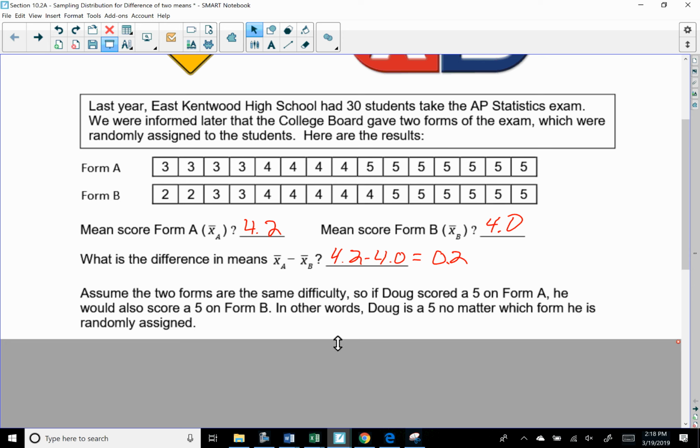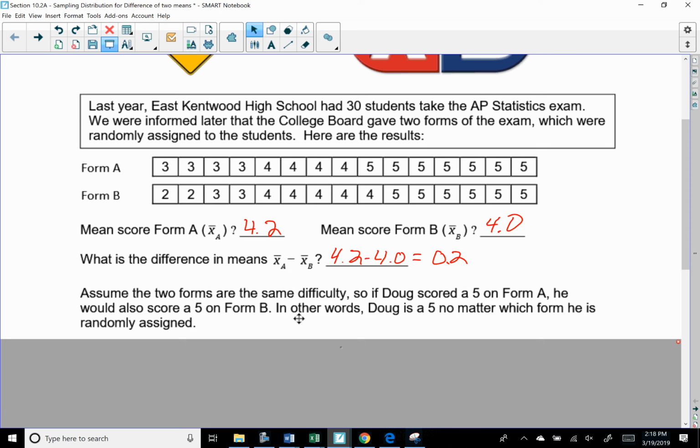The best way to do this, if we had enough students, 30 people, would be to make the assumption that if a person scored a 3 on Form A, they would also score a 3 on Form B. That is the assumption that Form A and Form B are equally difficult, and somebody who scores a 3 on one should score a 3 on the other.